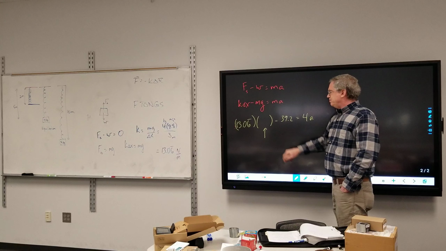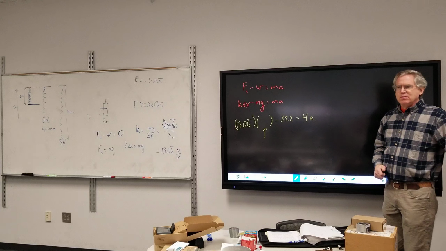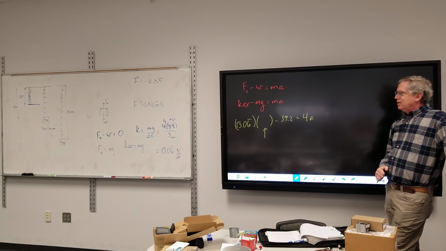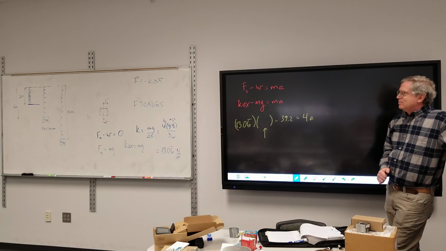What number goes here? It would be the displacement from wherever we put 0, which if we do it at equilibrium, it would be 5. I think I'm reading it.